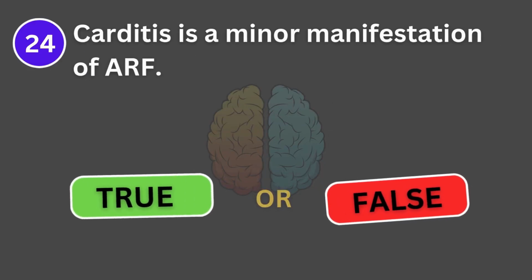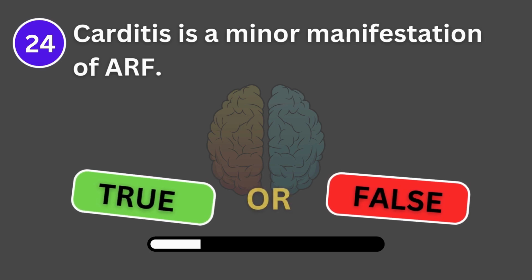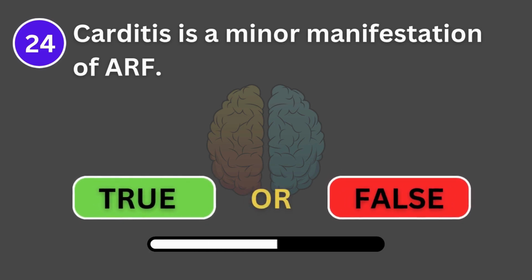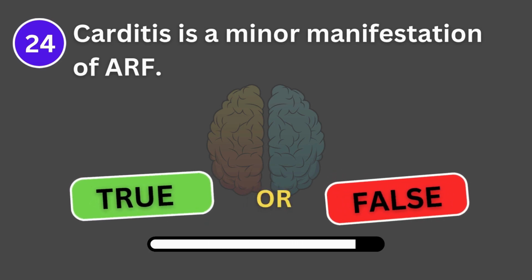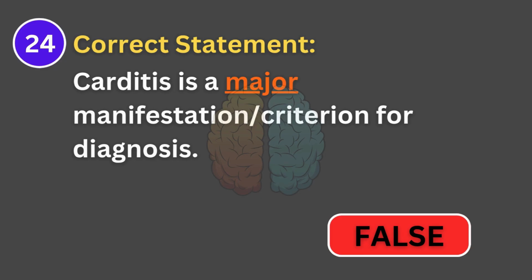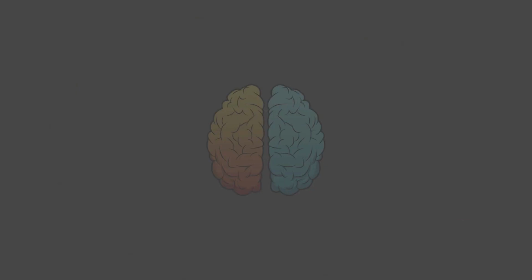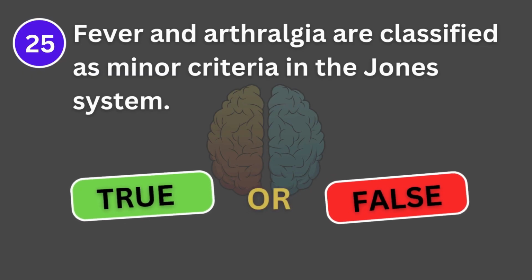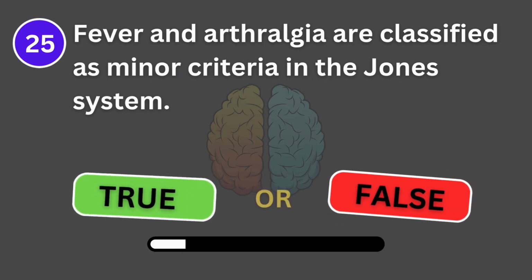Carditis is a minor manifestation of ARF. Fever and arthralgia are classified as minor criteria in the Jones system.